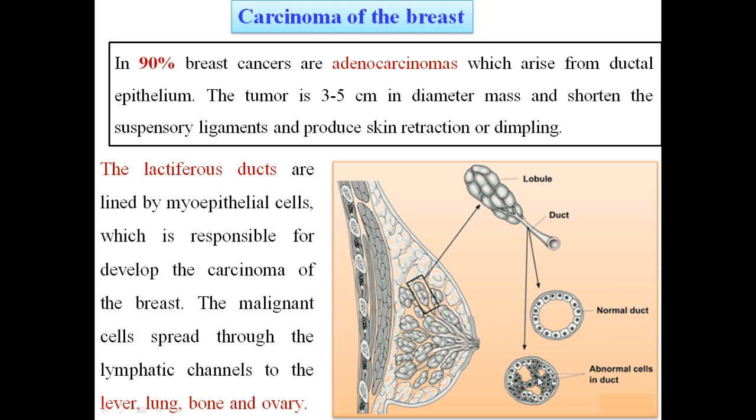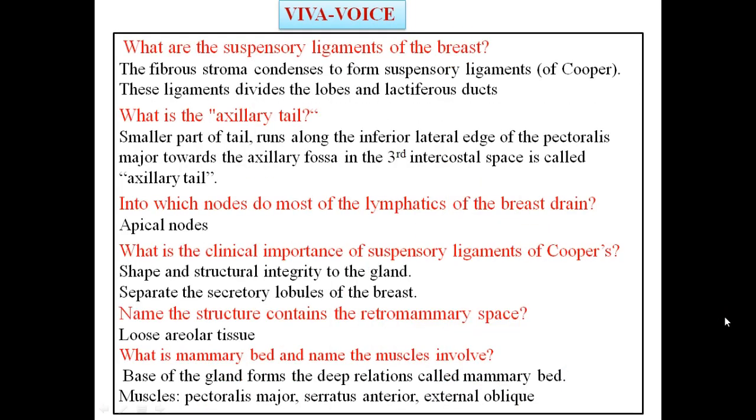You can see that image. The abnormal cells develop around the lumen of the lactiferous duct. The malignant cells spread through the lymphatic channels to the visceral organs, ovary and brain.